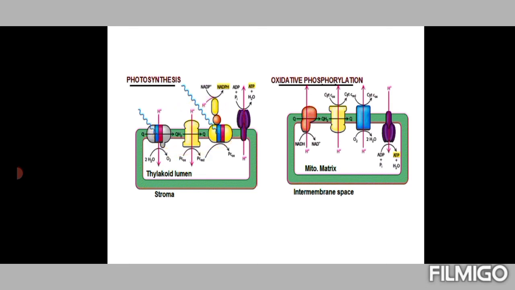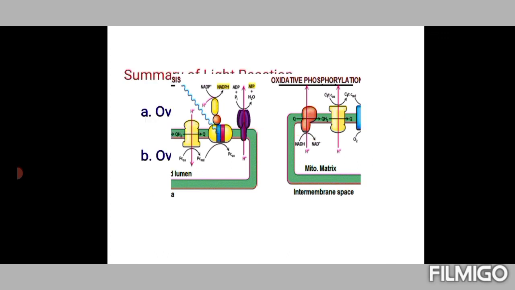The accumulation of H plus takes place in the lumen, whereas in mitochondria it takes place in the intermembrane space. The involvement of ATP synthase is similar, the structure is also very similar, and the chemiosmotic theory, H plus being used up for synthesis of ATP, is the same followed during both processes for production of ATP.